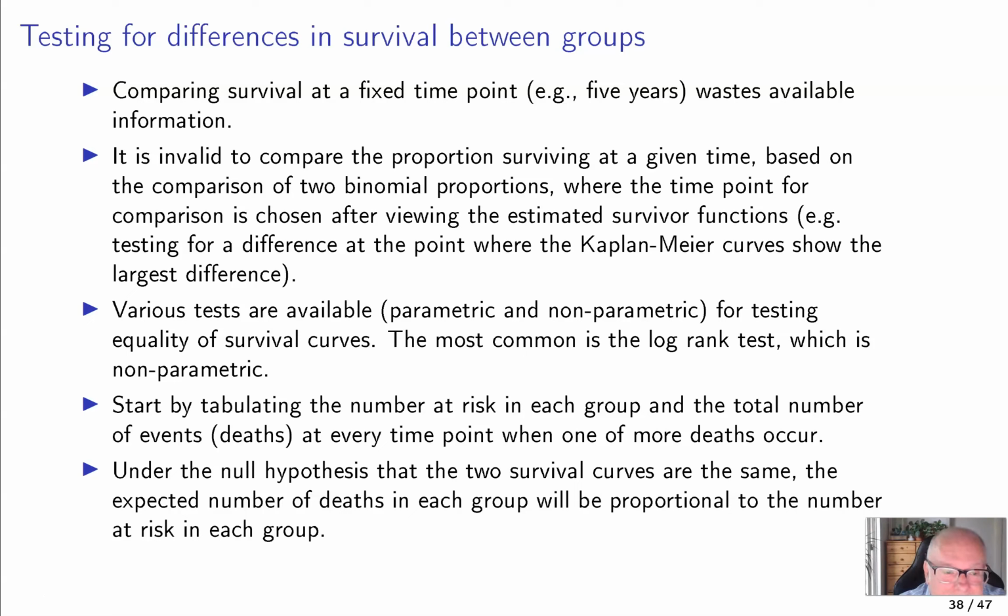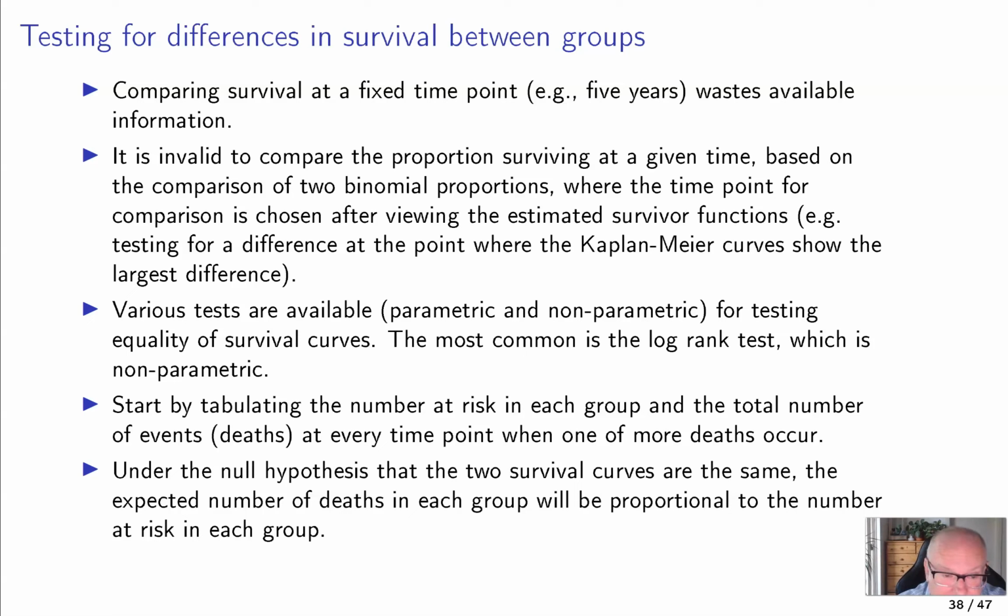Now, various tests are available for comparing the survivor functions, and the most common is the log rank test, which is the one I'm going to show you. This is a non-parametric test. We do not make any assumptions about the distribution of the survival times. Now, what we do, it's very similar to the table that we made when making the Kaplan-Meier estimates, and we make one table for each group.